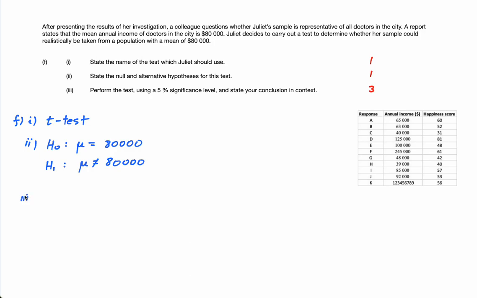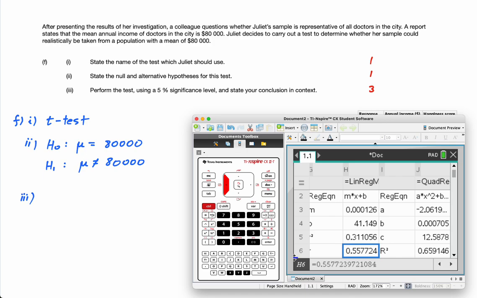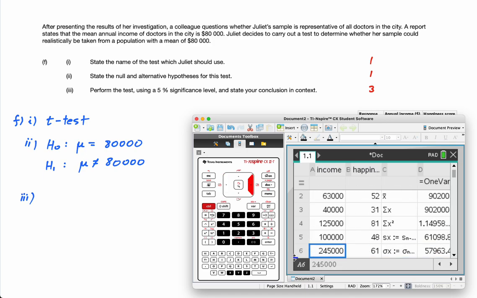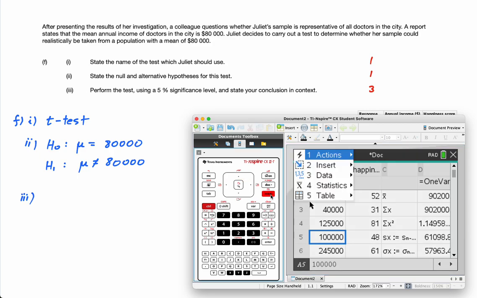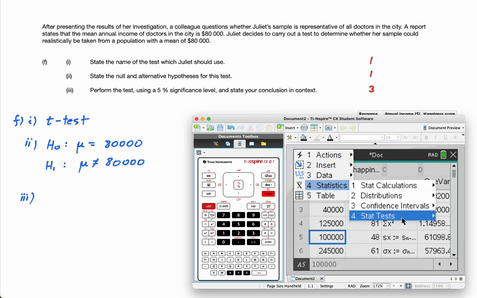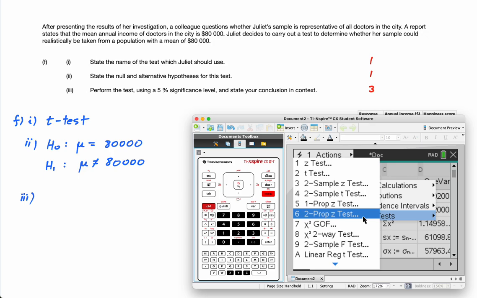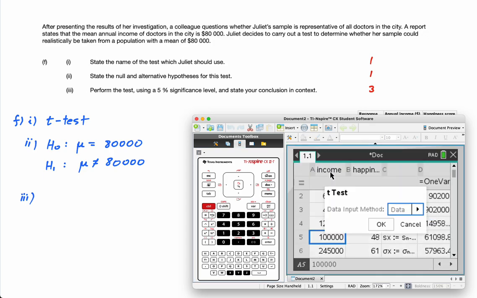Then part 3, finally, it says perform the test using a 5% level of significance and state your conclusion in context. So I still have my data here. It is the income data we're looking at. So we're going to go menu, statistics, stat tests, and now we're going to run the normal t-test.